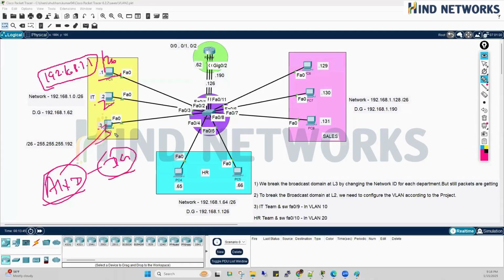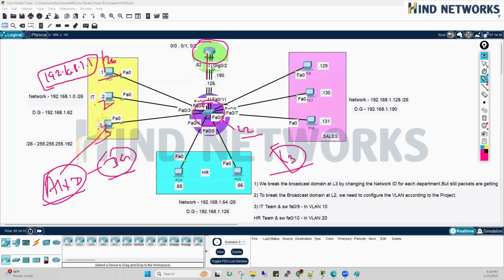So you need to provide a default gateway here. But tell me, is it possible to provide the default gateway on an L2 switch? The answer is no, because on an L2 switch you can't configure an IP address on the interface. In yesterday's class, I told you. So if you want to provide the default gateway, you need an L3 device. That's the reason I use a router here.